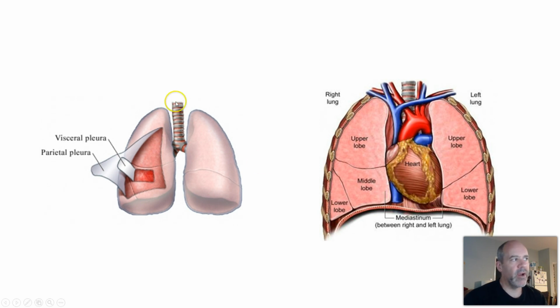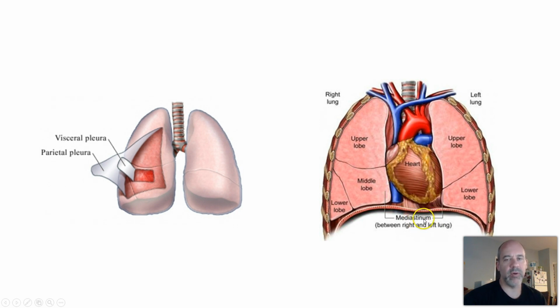That's a pretty good little diagram here showing you the visceral pleura and the parietal pleura, and if you peel off that little window of the visceral pleura, you can see you're actually in contact with the lung underneath. Then also remember that the part of the thoracic cavity between the two lungs is called the mediastinum. That's referring to medial, like in the middle part of the body, close to the midline.